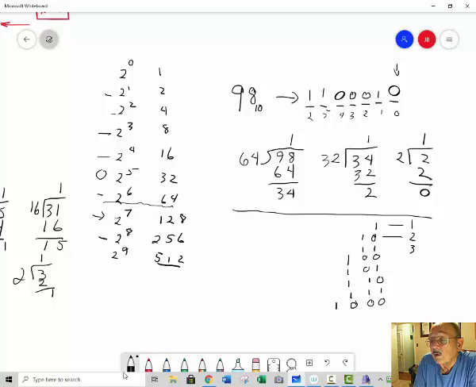One, 2, 3, 4, 5, 6, 7, and 8. And that pattern is going to continue on. A 9 would be an 8 plus a 1.